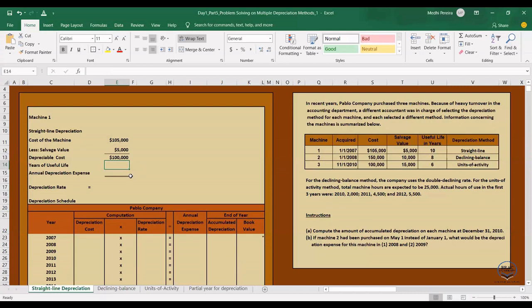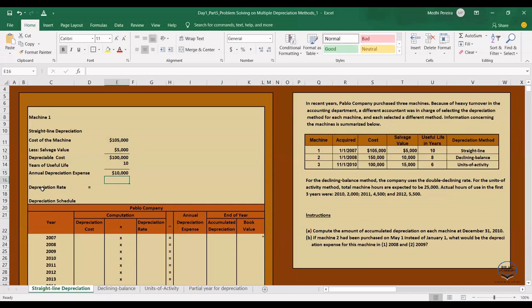So now we know that the useful life of the machine is 10 years. And if we want to know what is the annual depreciation expense, we have to divide the depreciable cost by the number of useful years. And so we get the annual depreciation expense as $10,000.